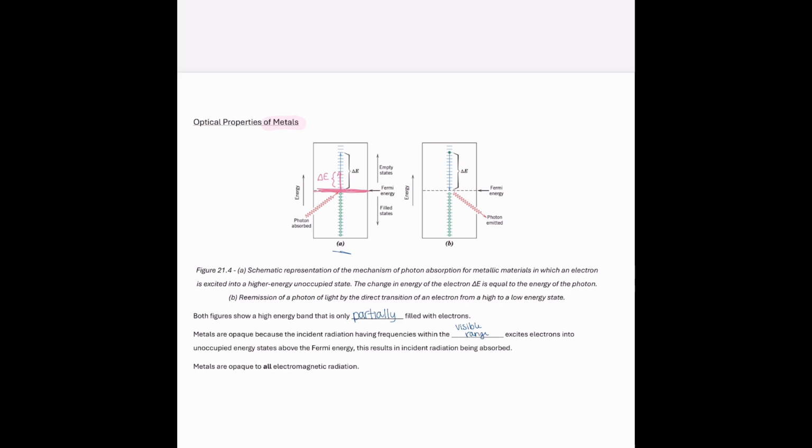And it's also important to note that metals are opaque to all electromagnetic radiation. All right, so since metals are opaque and highly reflective, the perceived color is determined by the wavelength distribution of the radiation that is reflected and not that is absorbed.